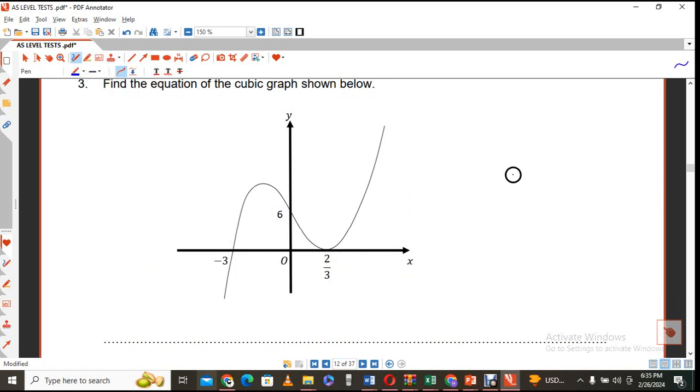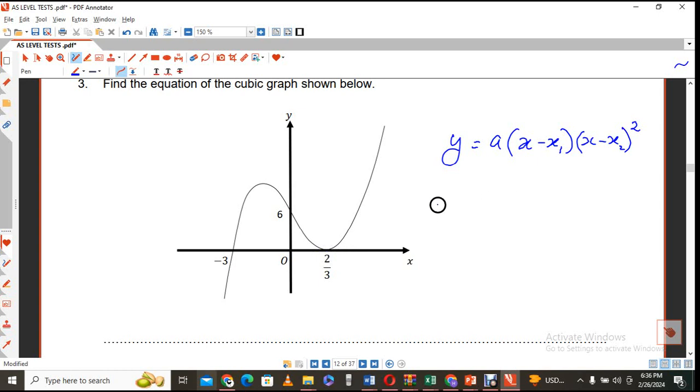So that means you have y equals a, then you have x minus x sub 1, x minus x sub 2, but since this x sub 2 is repeating itself, I'm going to square that. I don't have to say x minus x sub 3 again, because it's repeating there. So if something touches there, the root repeats. That's what we have there.